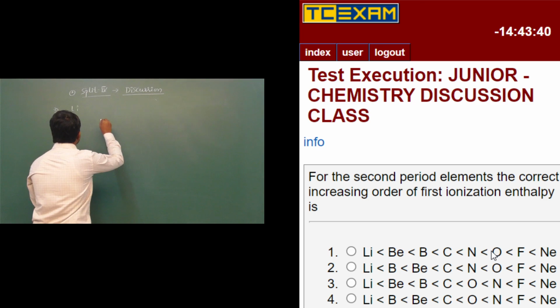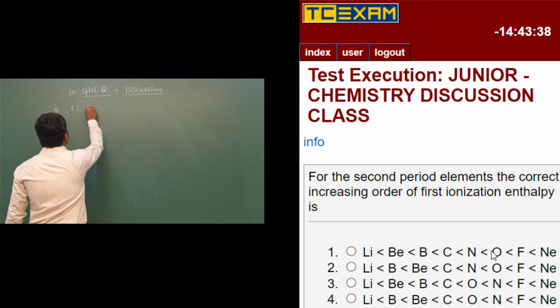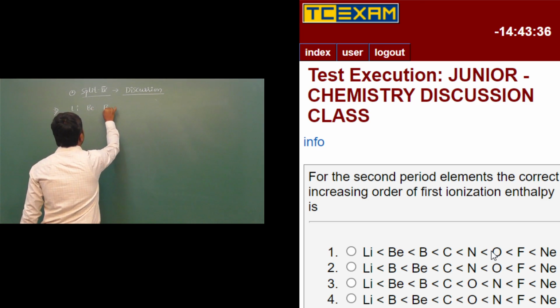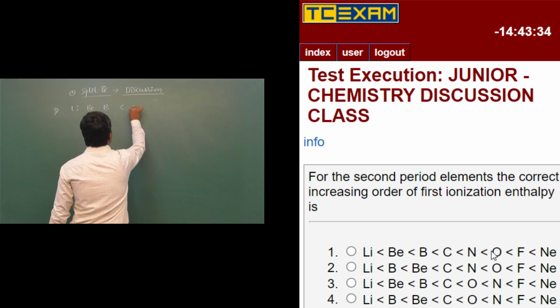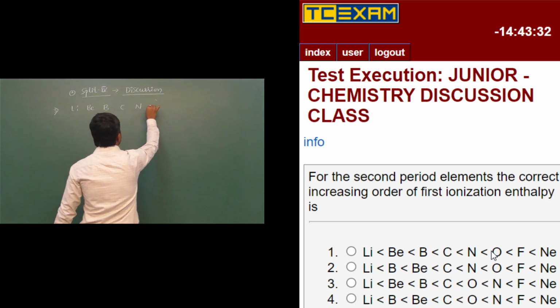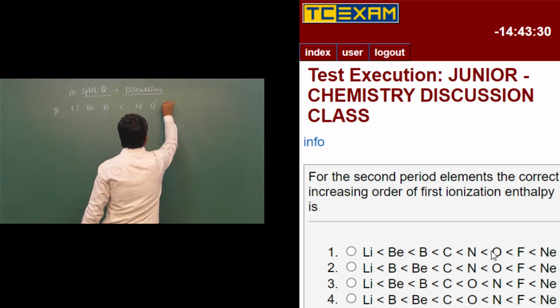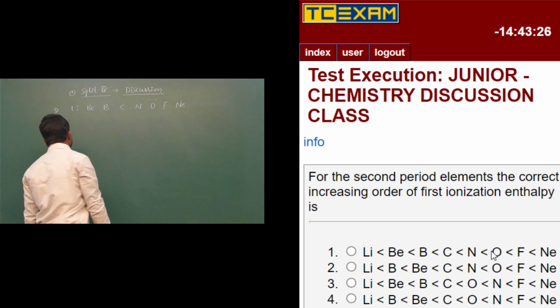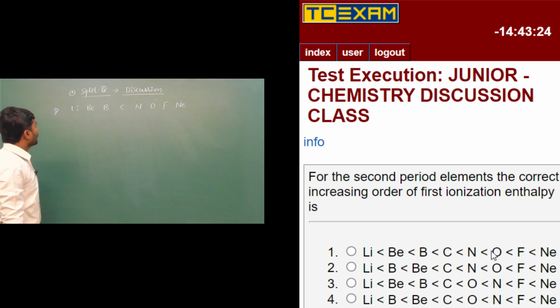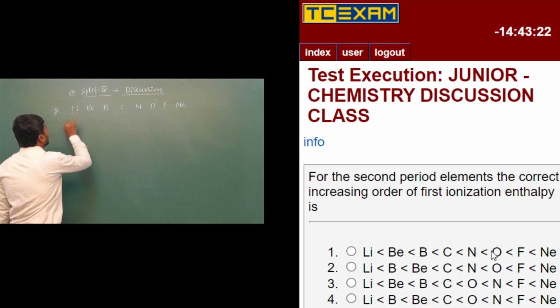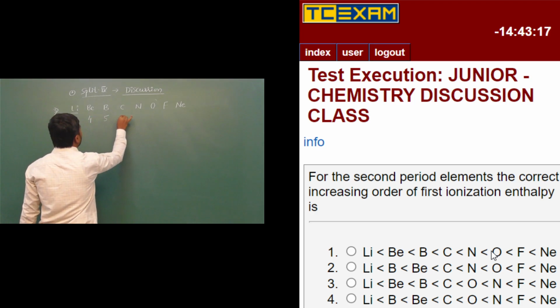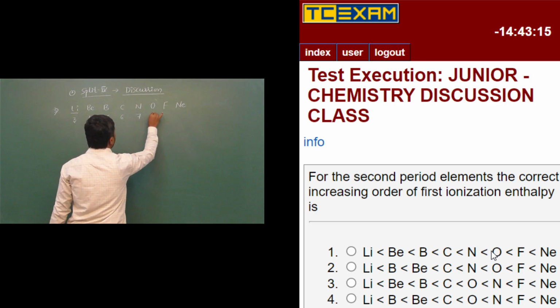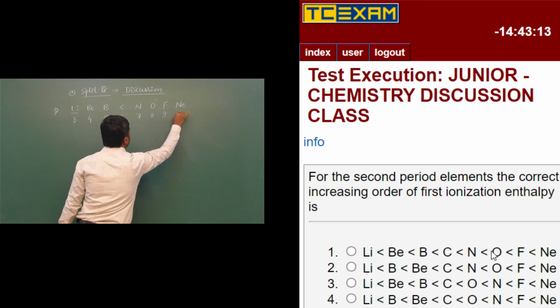Lithium, followed by beryllium, boron, carbon, nitrogen, oxygen, fluorine and neon. These are the elements present in the second period. So the atomic number of lithium is 3, then 4, 5, 6, 7, 8, 9 and 10.